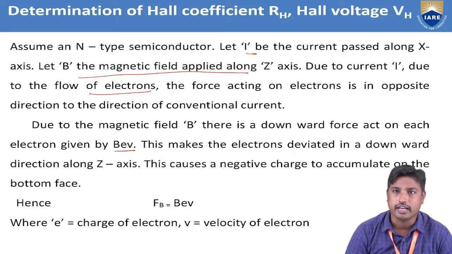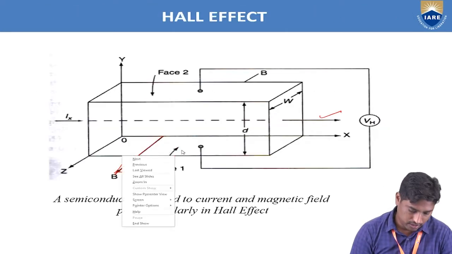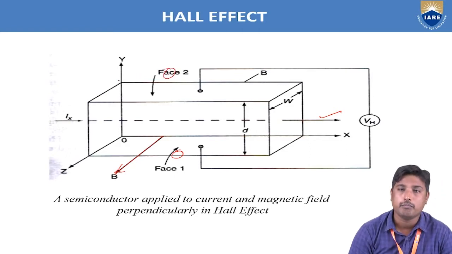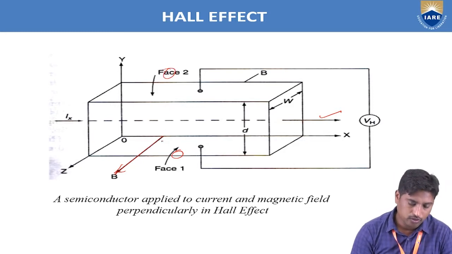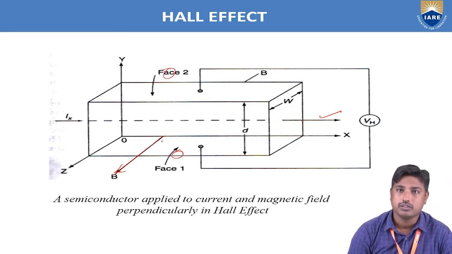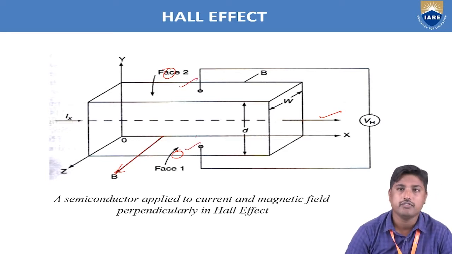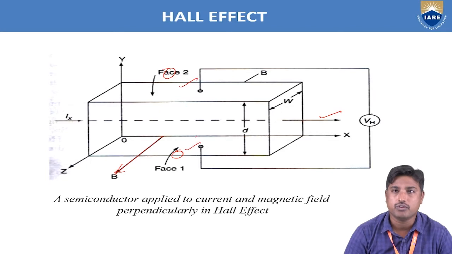This causes a negative charge to accumulate on face 1. This is face 1 and this is face 2. Due to the magnetic force acting on the electrons, all electrons are diverted to face 1. So, some potential difference is created between face 1 and face 2.